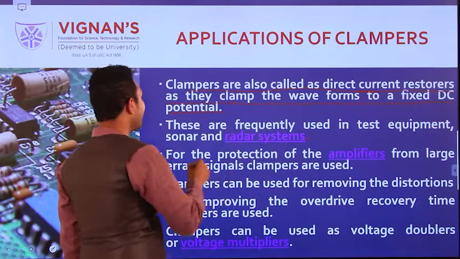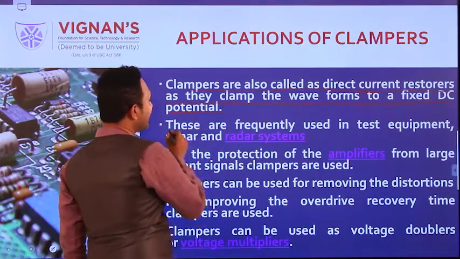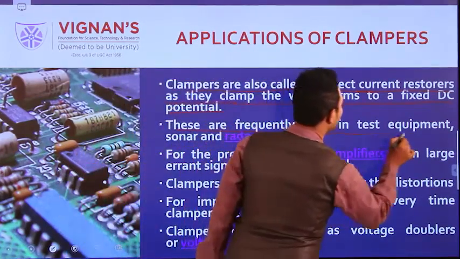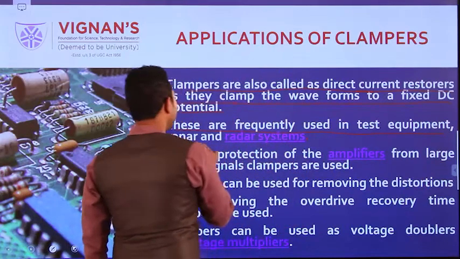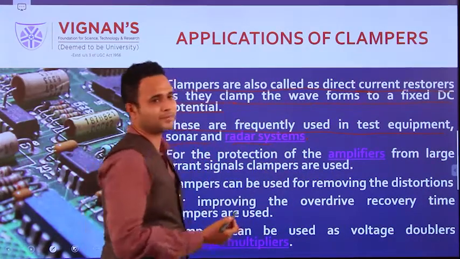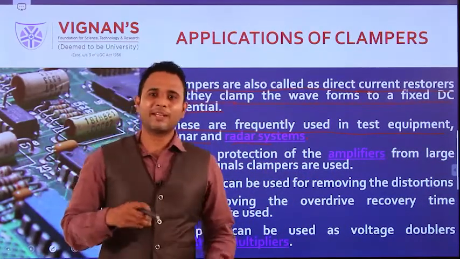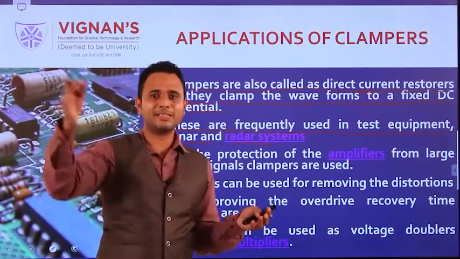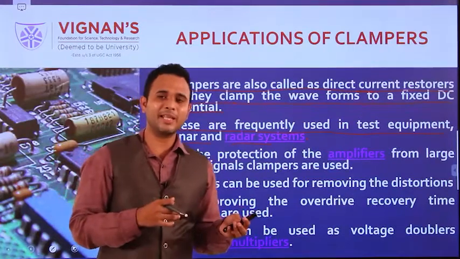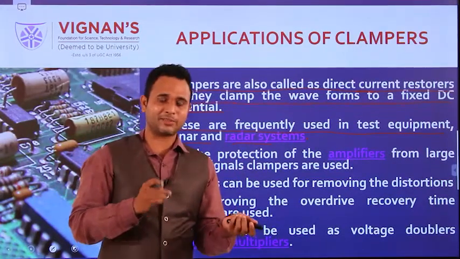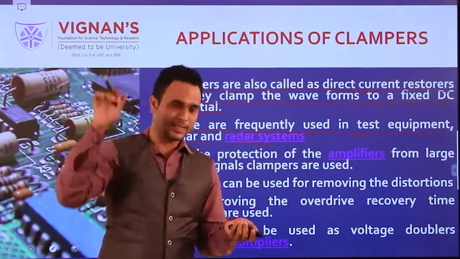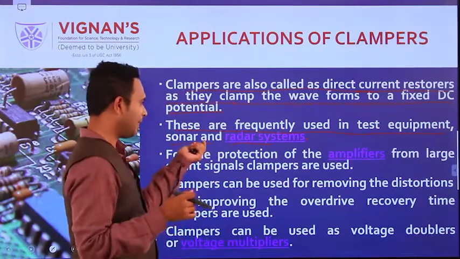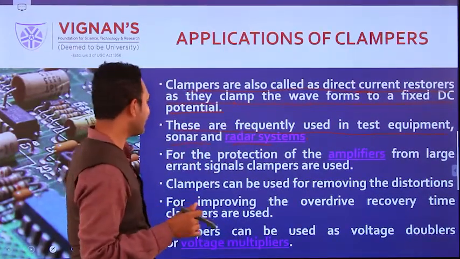The second application is that these are frequently used in test equipment, sonars and radar systems. In radar we transmit one signal and receive another signal, so how the signal is changing and how the DC level is changing, we can use it in radar systems also.